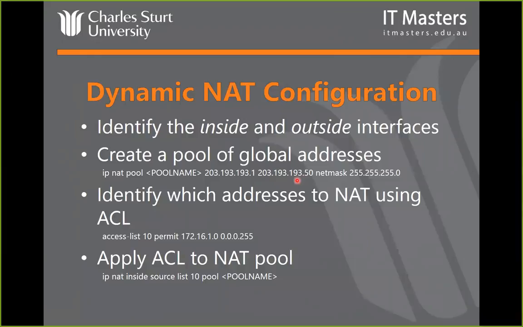It's dependent on IOS and platform, okay? So not all routers are the same, not all IOS are the same. It's one of those things that you need to have access to a CCO account so that you can actually find that information out, because it's not always straightforward.